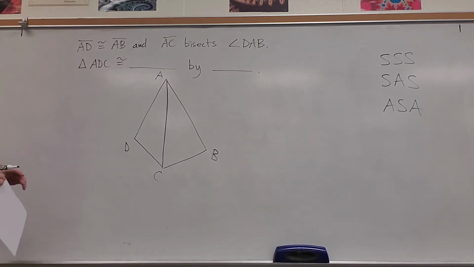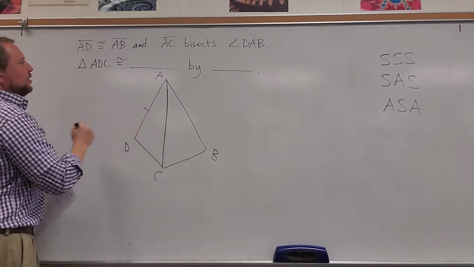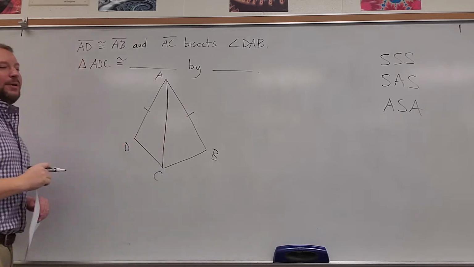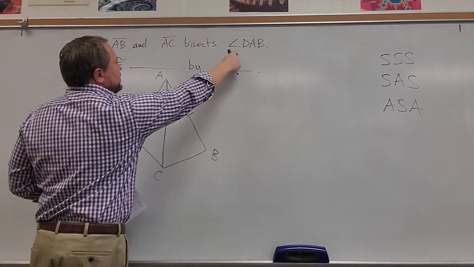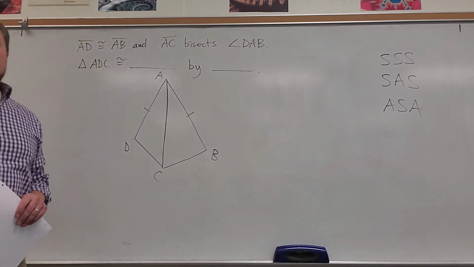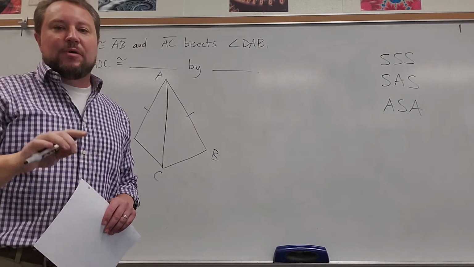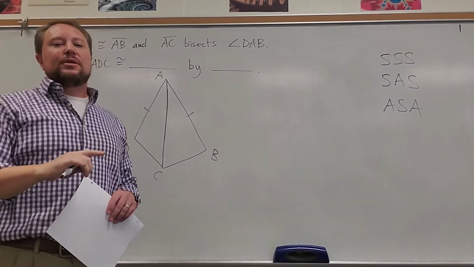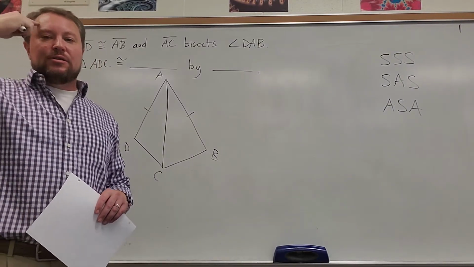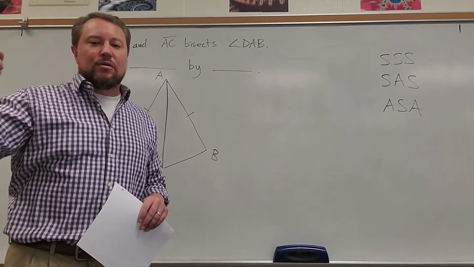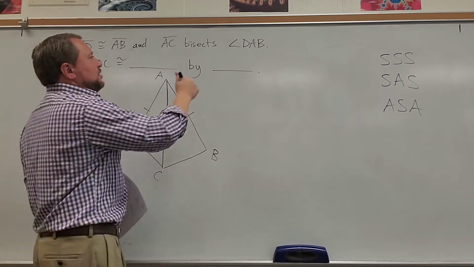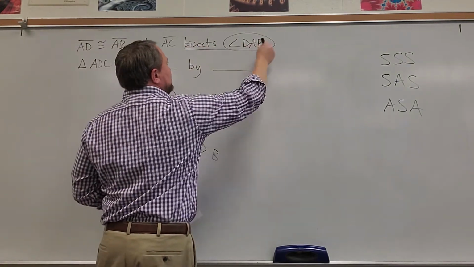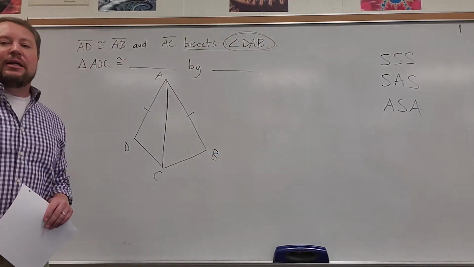All right, so if I mark what they told me, AD is congruent to AB. There's a pair of sides. They also told me AC bisects angle DAB. When you hear that word bisects, remember in our 10 Commandments of Proofs, the word bisect should lead you to thinking that there are going to be two congruent parts, two smaller but equal parts. And it's always what follows the word bisects that is being cut in half.